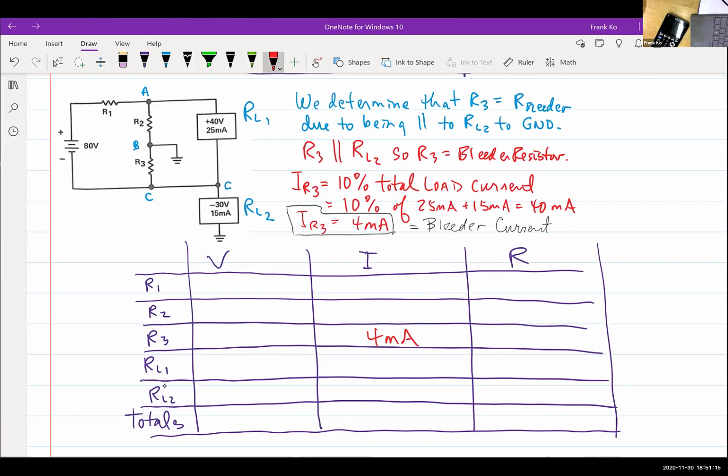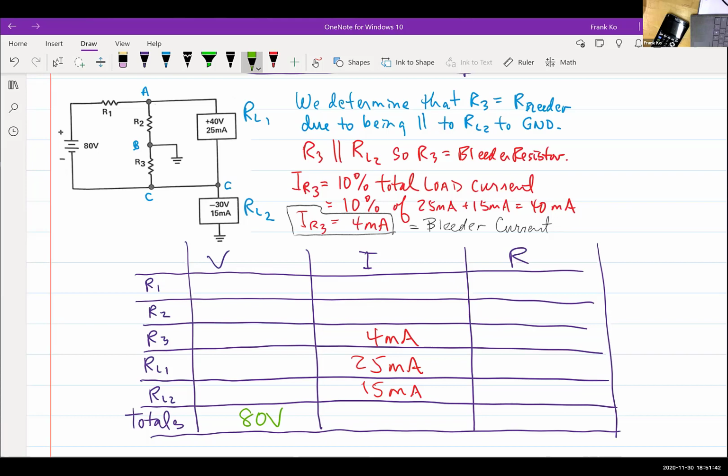Do I have the current for RL1? Yes. And that is? 25 milliamps. Do I have the current for RL2? 15 milliamps. What else is given? 80 volts. 80 volt source. This is my 80 volt source. And what else is given?